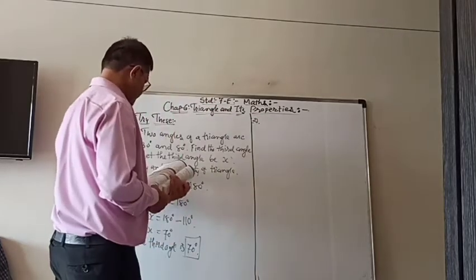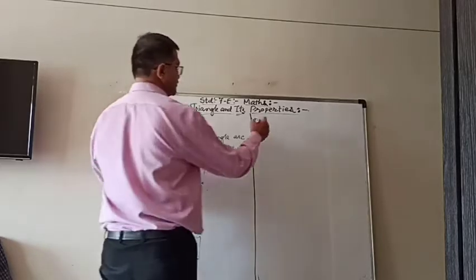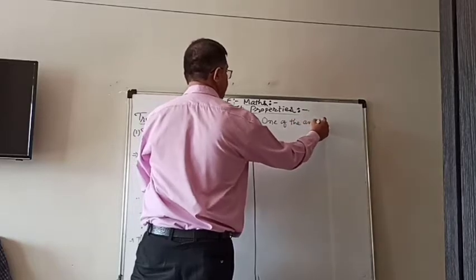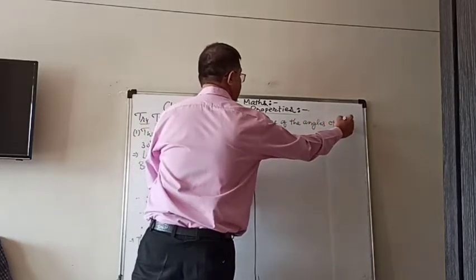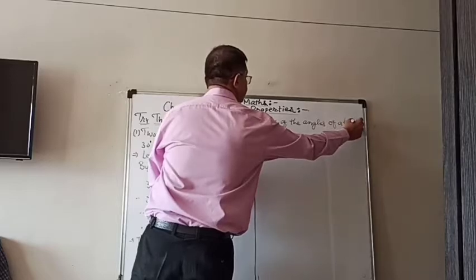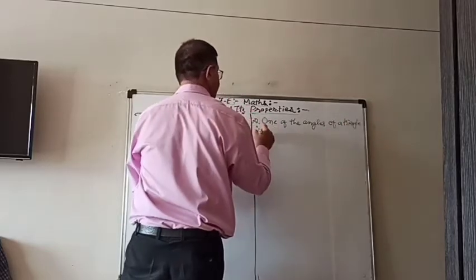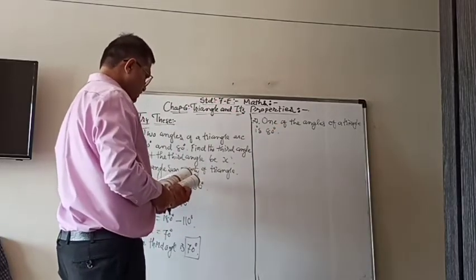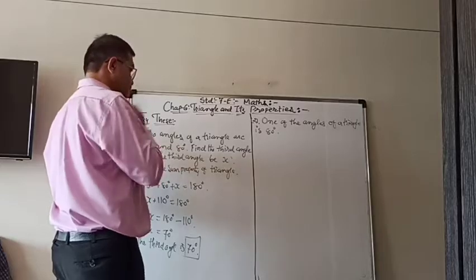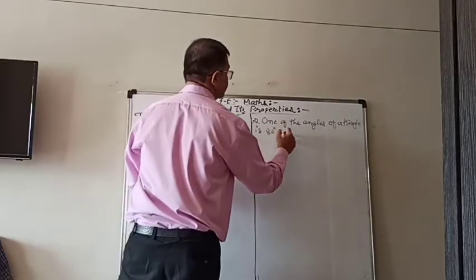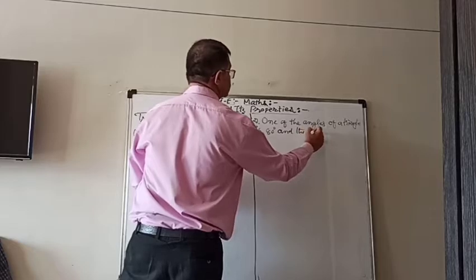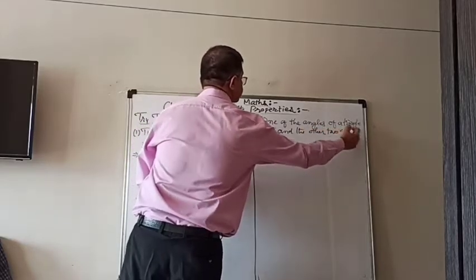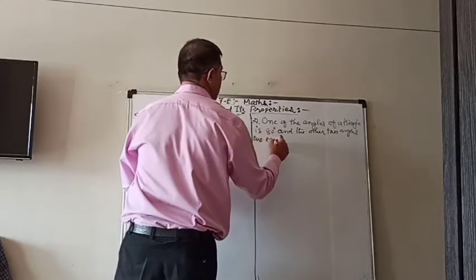Now, the second question. One of the angles of a triangle is 80 degree and the other two angles are equal.